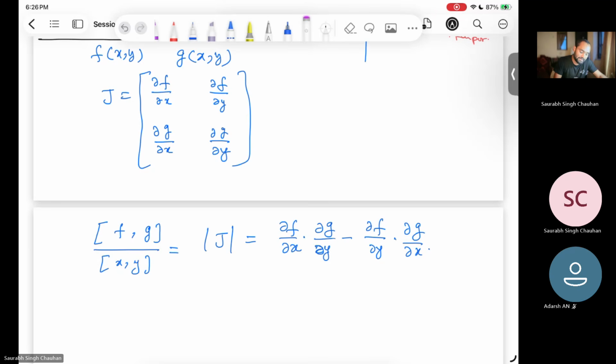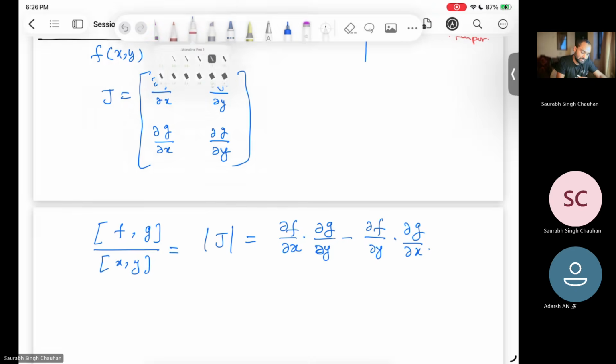If you expand this, you get the partial derivative of f with respect to x times the partial derivative of g with respect to y, minus the partial derivative of f with respect to y times the partial derivative of g with respect to x. Up to here, I hope everything is clear.